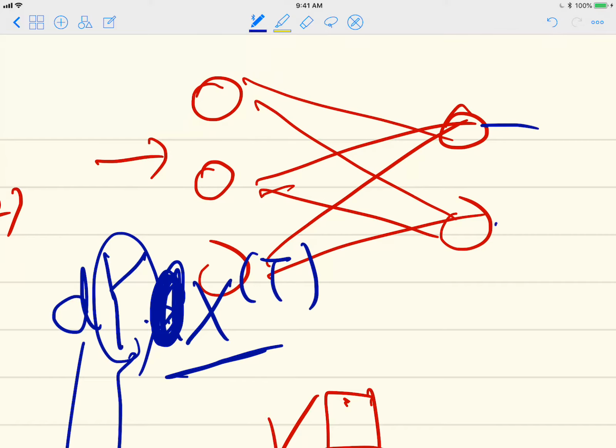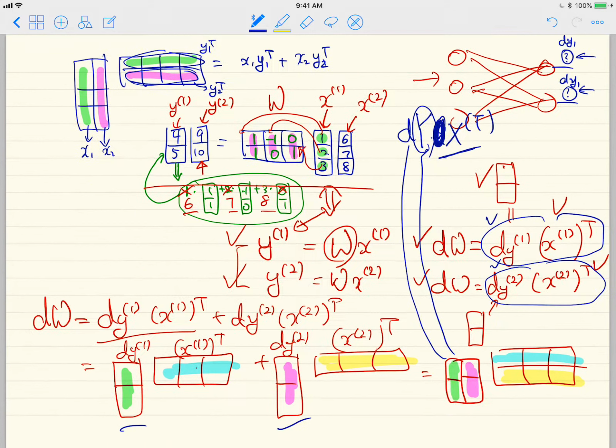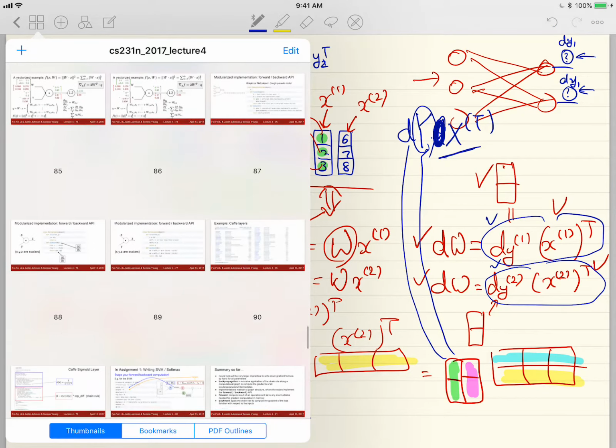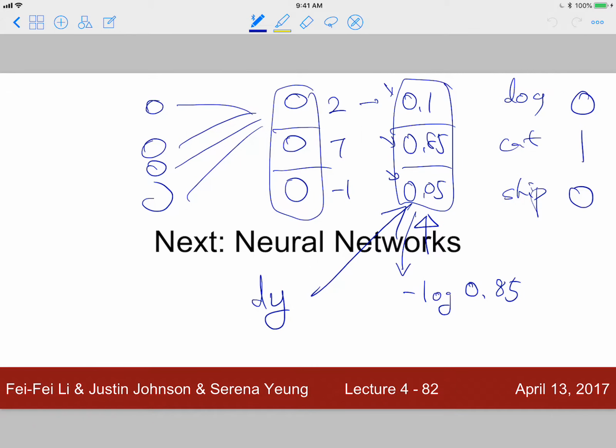So just like we have some activation over here, right? And then during the backpropagation, we will have some gradient value arriving at those nodes, right? From the backpropagation, right? And what is that gradient arriving at this vector y?